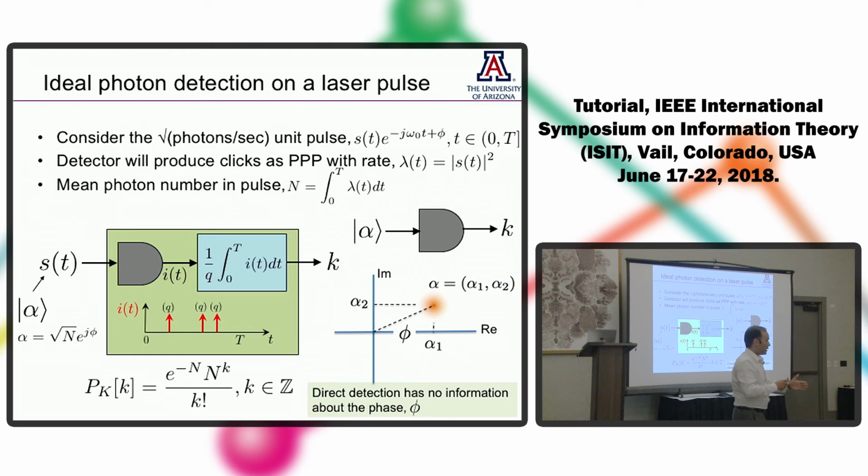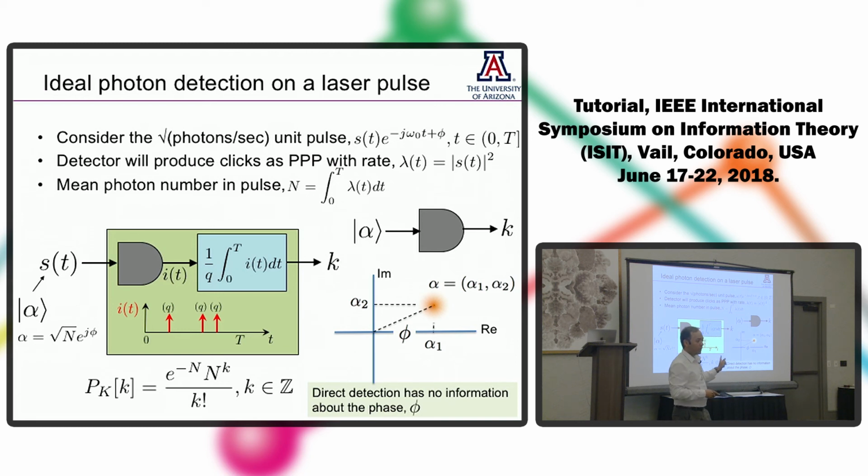A Poisson point process with that rate will give me on average n clicks over the pulse duration, and the total number of detection events that I get will have a Poisson distribution with mean n. And note another thing: this detection outcome k, the number of clicks I get, has no information about that phase. It only has information about alpha. So no matter where alpha was around this circle, my detection outcome will be the same.